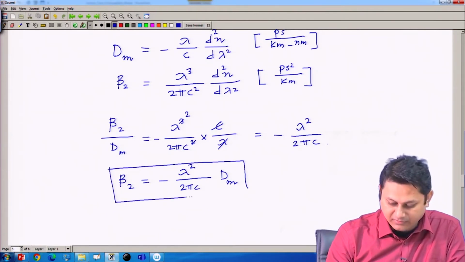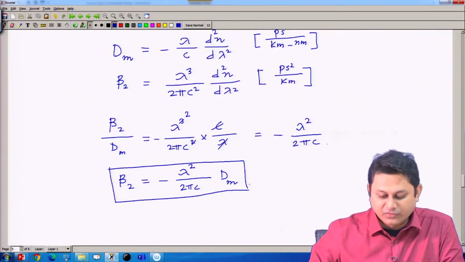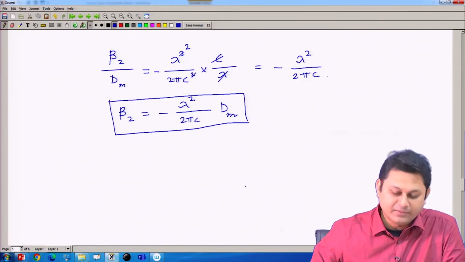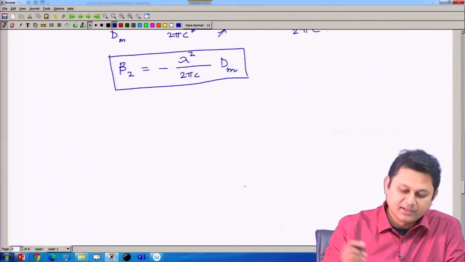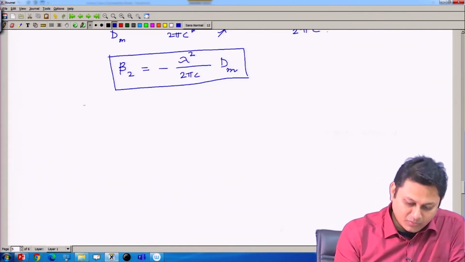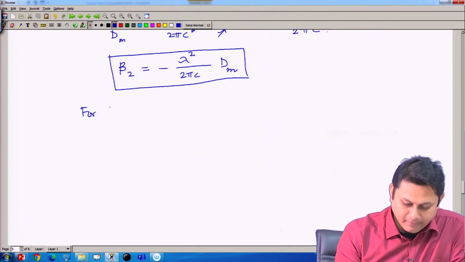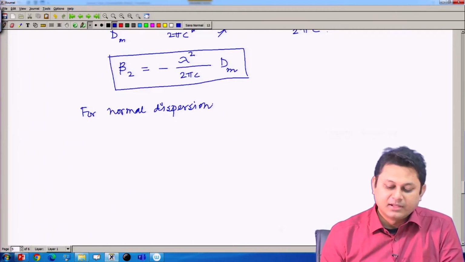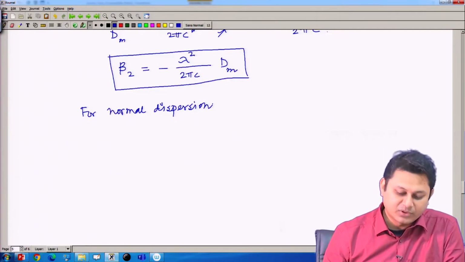So, if the value of dm is given, you can calculate the value of beta 2 for a given lambda, and if the value of beta 2 is given, you can calculate the dm for a given lambda. In both cases, they are measuring a quantity called the dispersion. Now, for normal dispersion, when the refractive index is increasing with respect to frequency, that we call the normal dispersion.